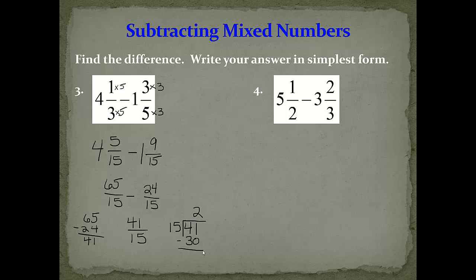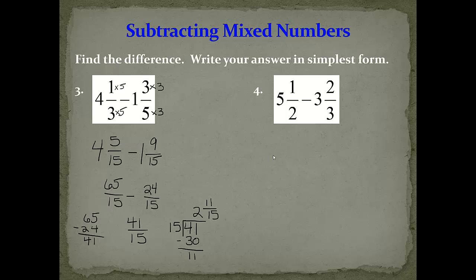Then we will subtract, and we get 11. The 11 becomes our numerator, and then our denominator is the number that we divided by, which is also the same denominator that we had in our problem, so 15. So our answer would be 2 and 11/15.